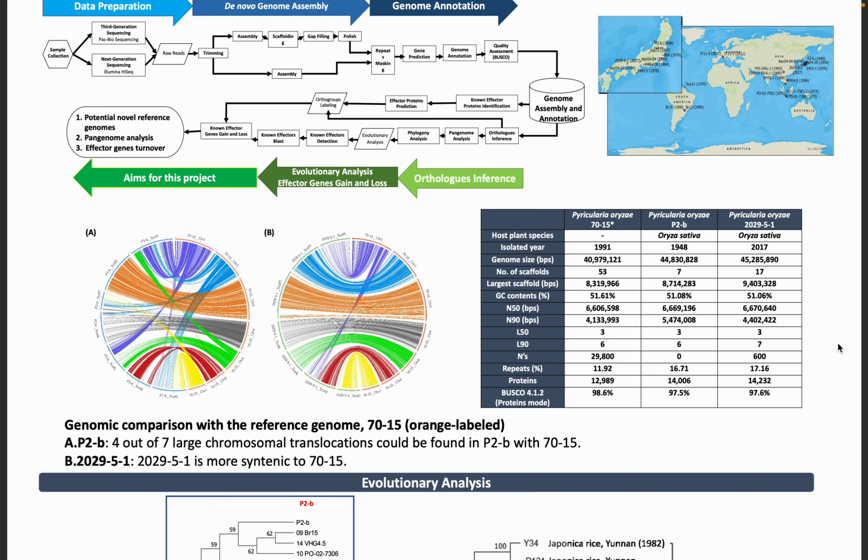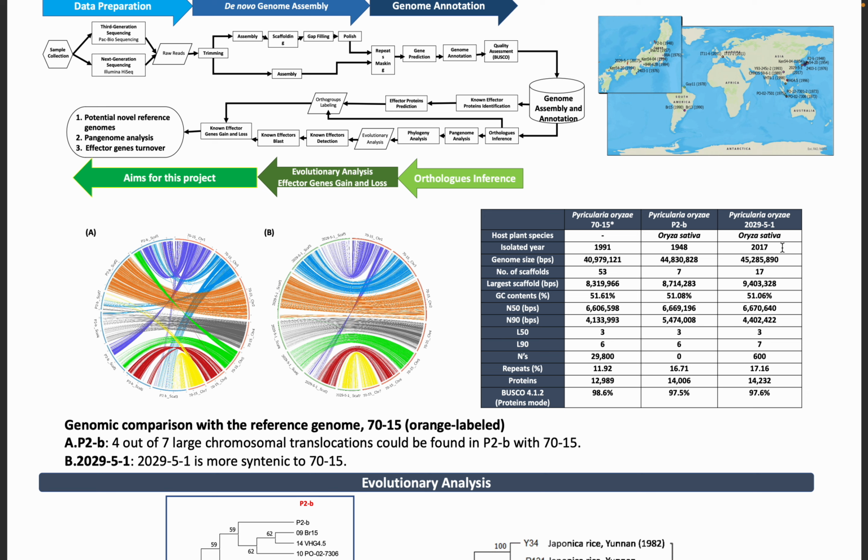Why we chose P2B and 29951 is because, as you can see in this table, P2B was isolated in 1948 and is the earliest isolate in this study, and 29951 was isolated in 2017 and is the latest isolate in this study.